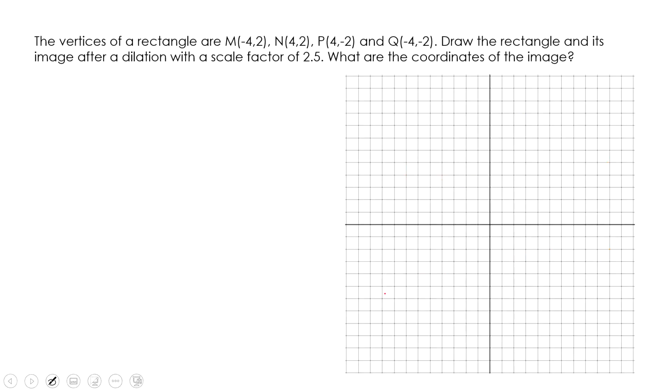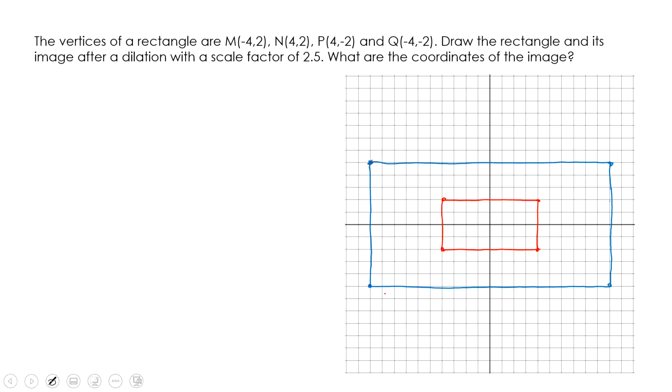And then one last one for you to try, I think. Again, it's the same rectangle as before, just with a different scale factor. Enter the new coordinates in the Edpuzzle and then come back and check and see how you did. And here's what we should have gotten.